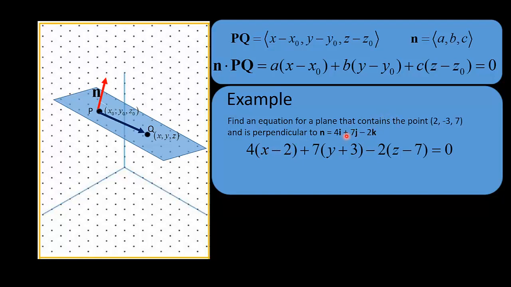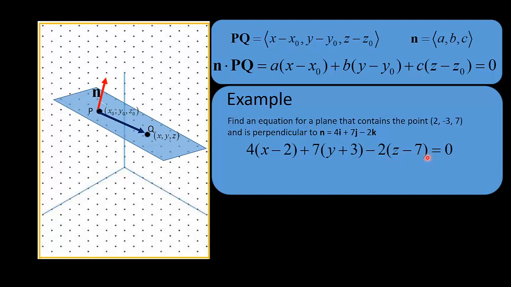Then we take the 7, put it there, and then y minus a -3. Those two minuses make a plus. And then -2 right here, z minus 7.